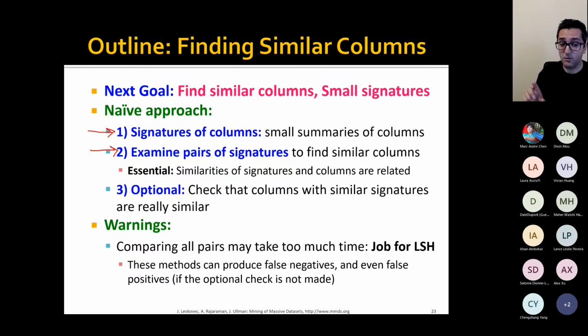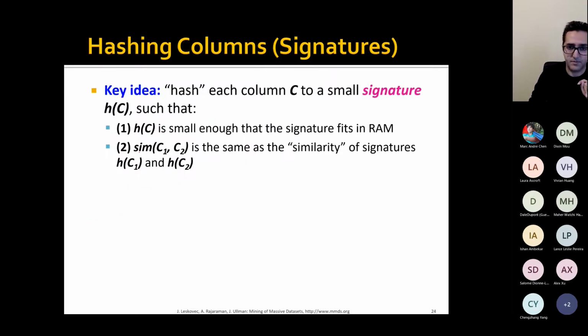And that's why we need the next and last step, which is locality sensitive hashing. But let's talk about how we can compress, okay? The idea is to hash each column to a small signature, H of C. These signatures are small enough that they fit in memory.